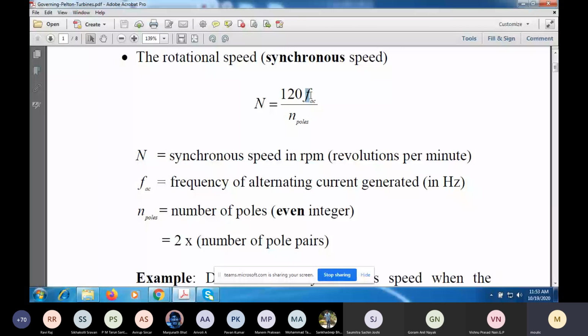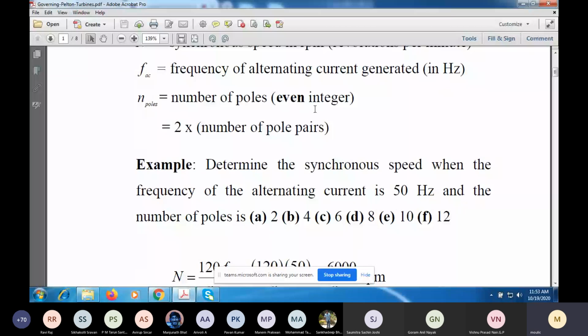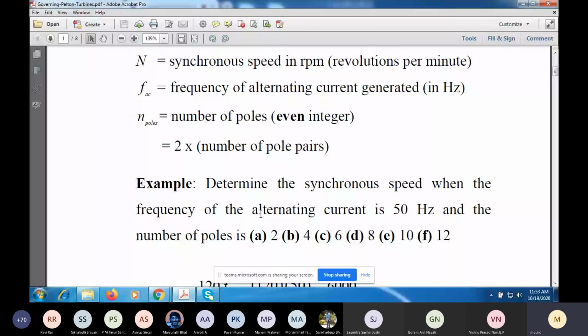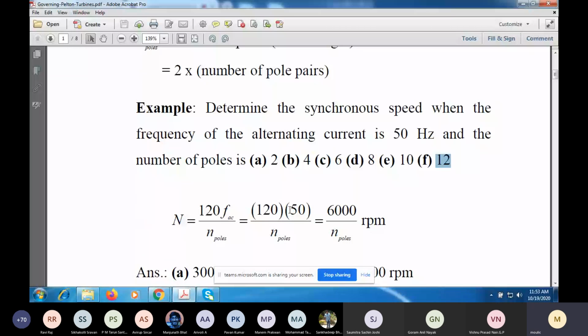Now, of course, this n, just giving you some numbers, the minimum value is 2, so I've gone up to 12. So if I multiply it by 50, it is 6,000 divided by the number of poles, in RPM. So if n is 2, then your shaft must rotate at 3,000 RPM.